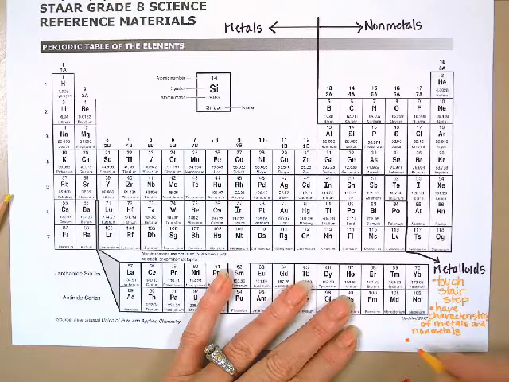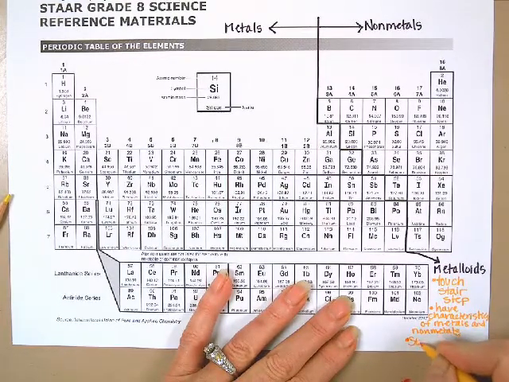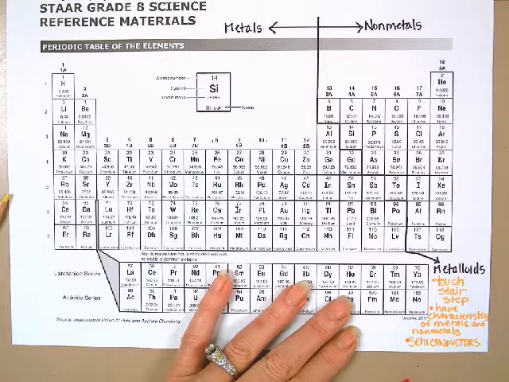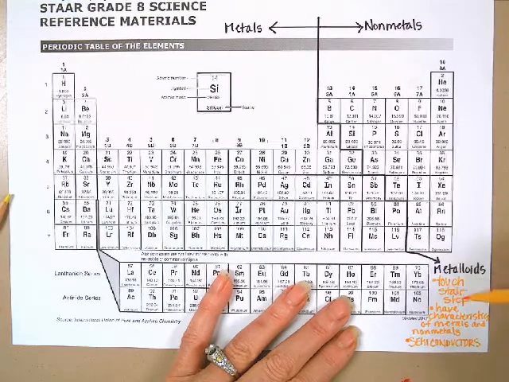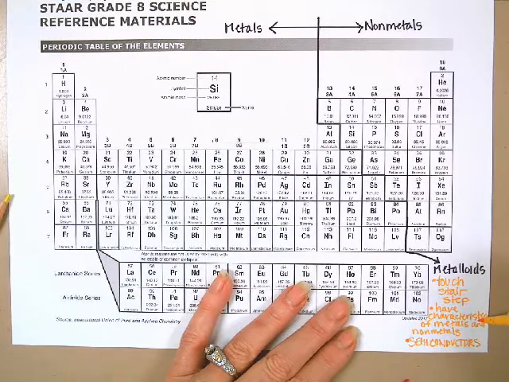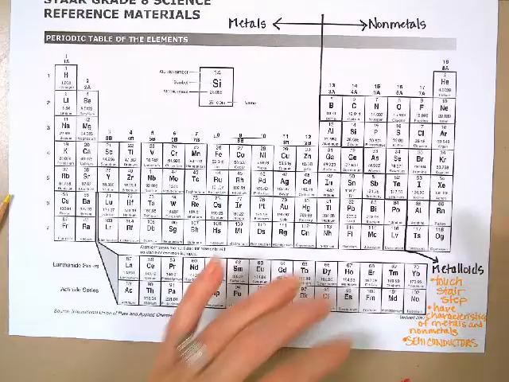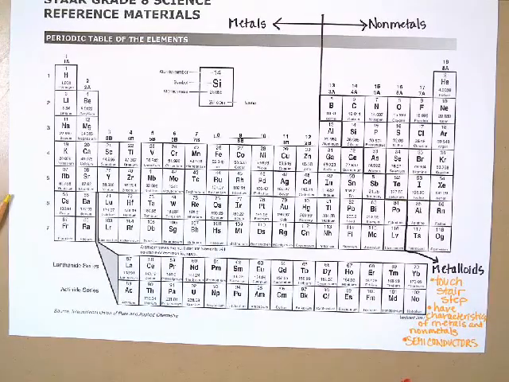So that's why they are referred to as semiconductors. All right, so where they're located, they touch the stair step. They have characteristics of both a metal and a nonmetal, which we will discover in a minute. And those are known as our semiconductors.